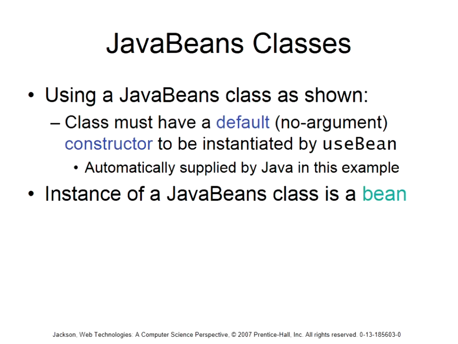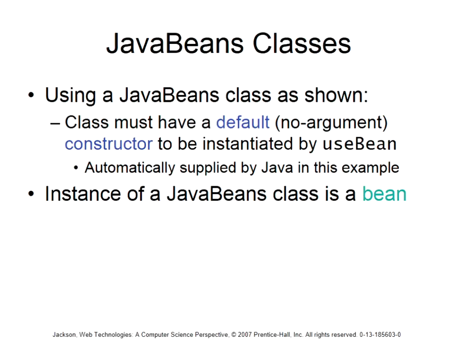Okay, so using a JavaBeans class as shown, the class must have a default no-argument constructor to be instantiated by useBean, automatically supplied by Java in this example.